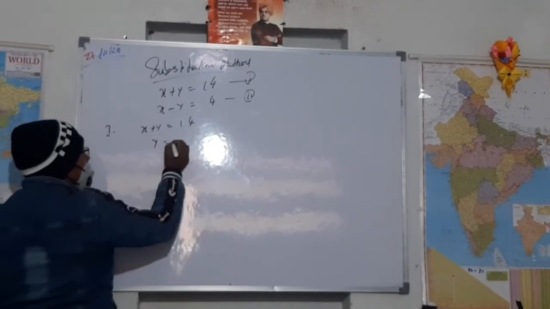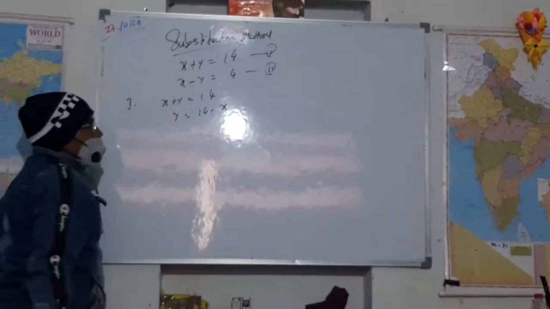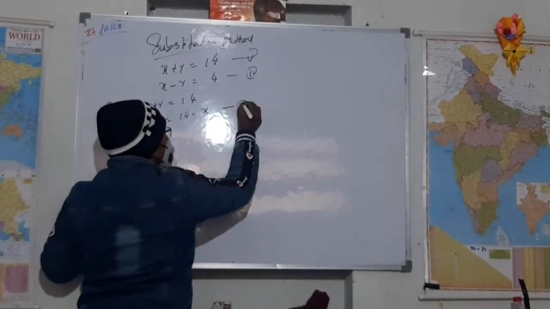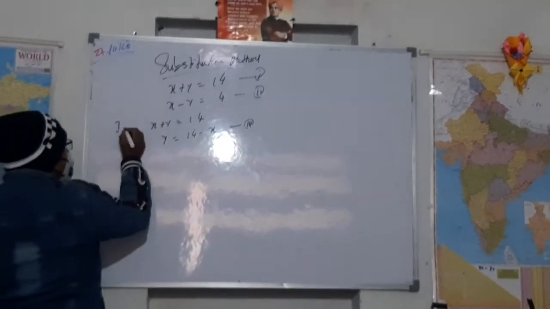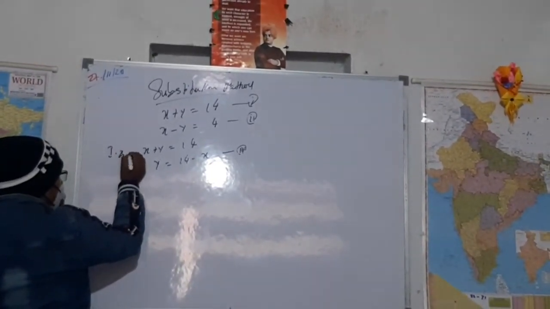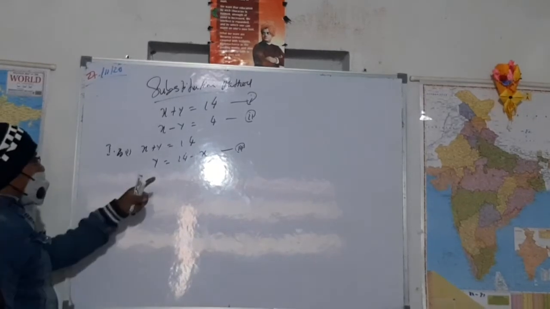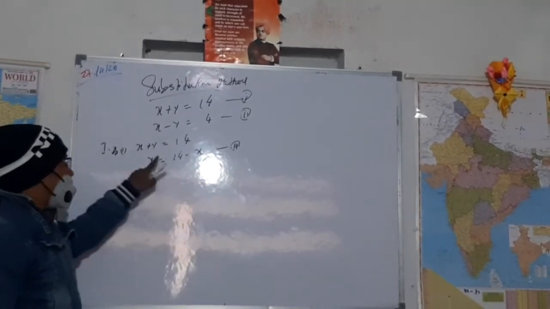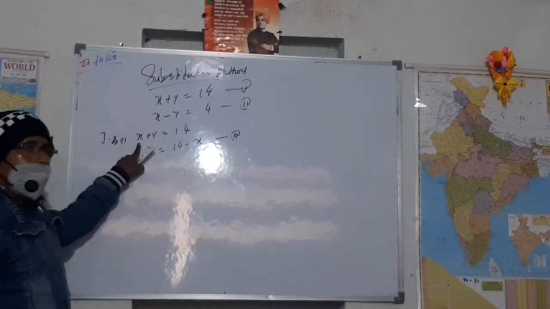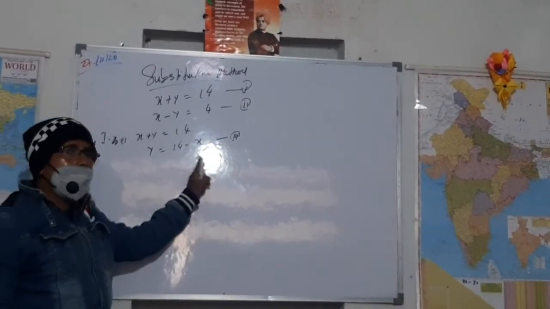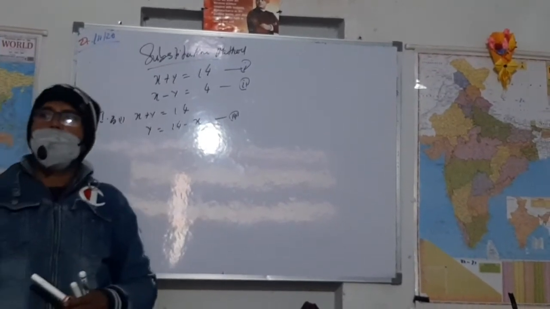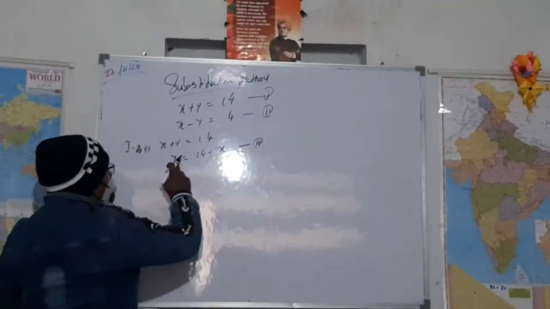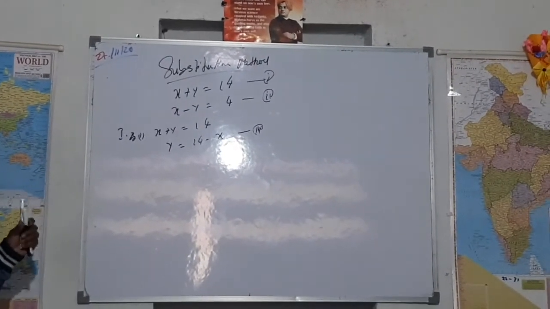The y value is y is equal to 14 minus x. This is equation 3. Understand? We separated the value of y; x moving from left to right, plus becomes minus. Now put the value of y in equation 2.